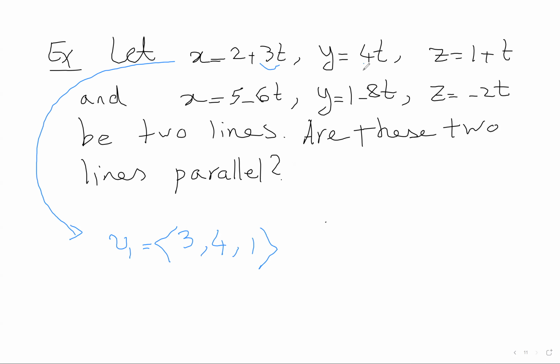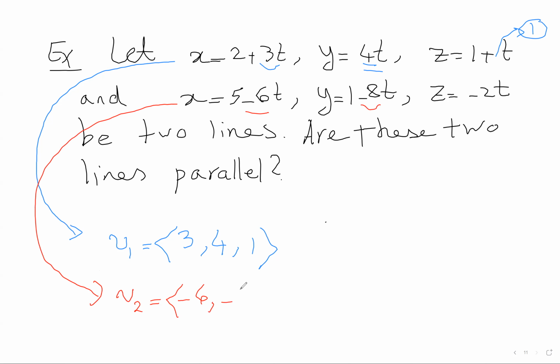In the other one, V2, the direction vector of the other line, consists of minus 6, minus 8, and minus 2.